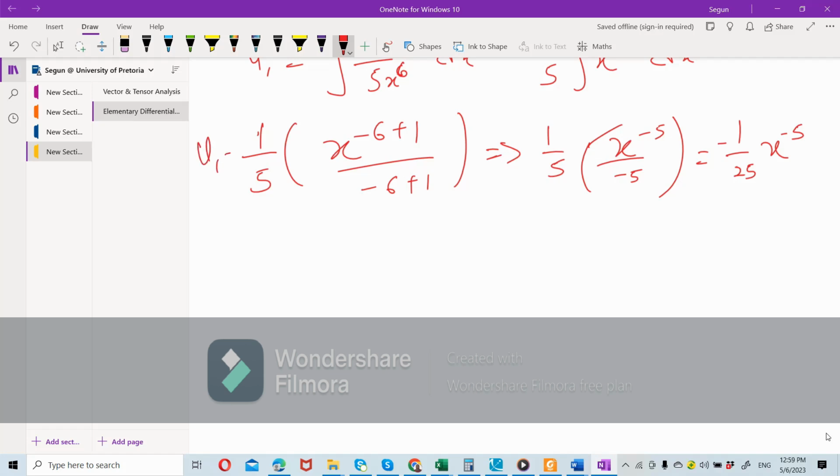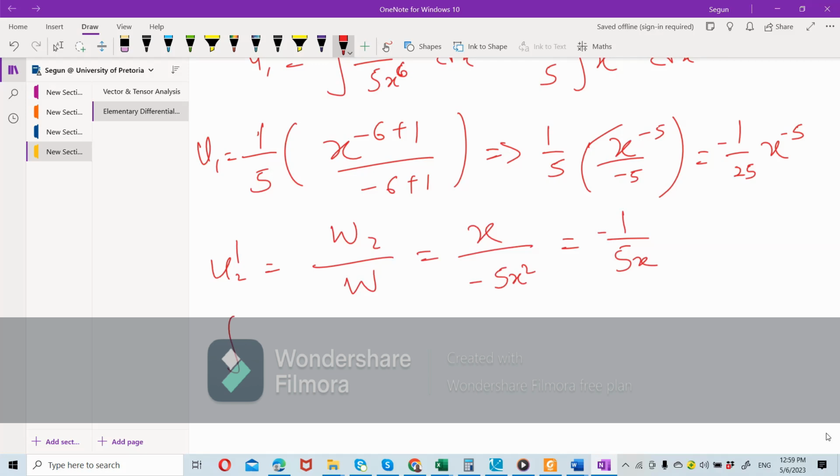Then for U2, you have it to be the integral of U2 over W, which is the same thing as, what is U2? x over minus 5x squared, which is the same thing as 1 over negative 1 over 5x. That is the U prime.